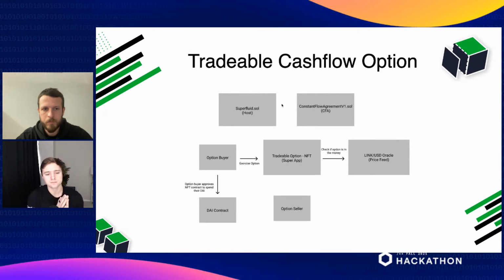Next, what will happen, if the option buyer decides to exercise the option, they will first need to approve the NFT contract to spend their DAI, which will be the underlying asset that will be used to, they will essentially send DAI to the seller in exchange for the Link that's locked up in the contract. So they'll approve the contract to facilitate that transaction.